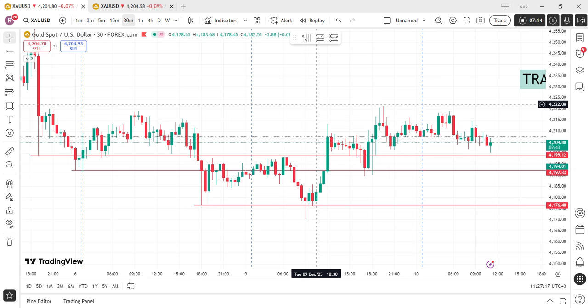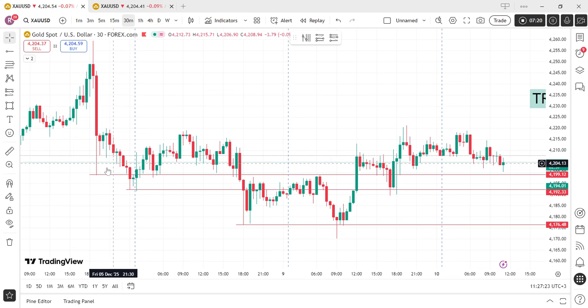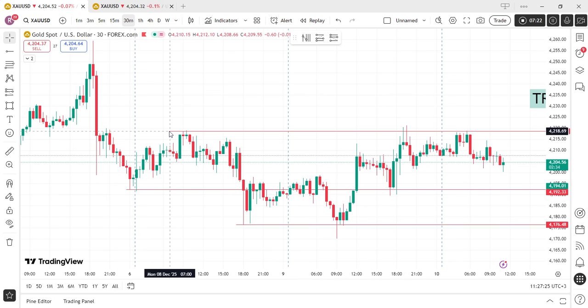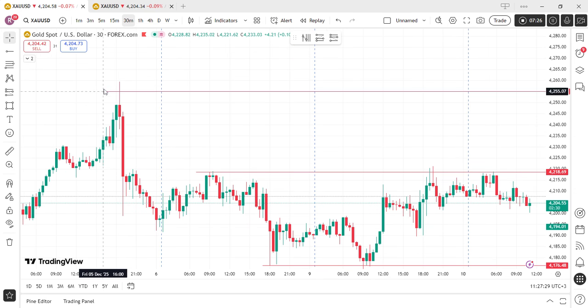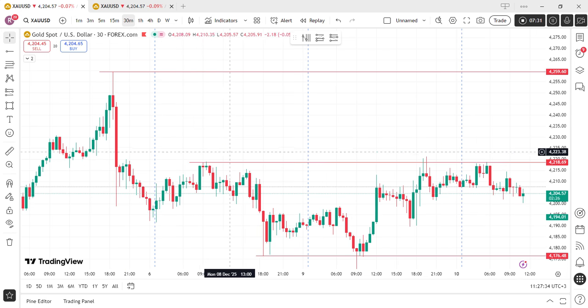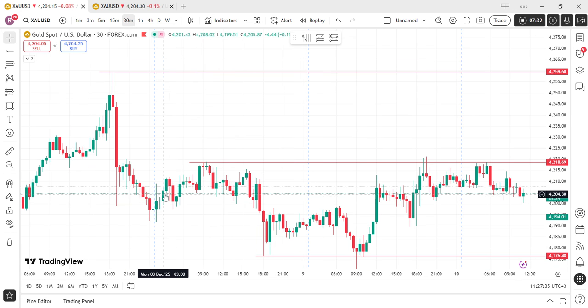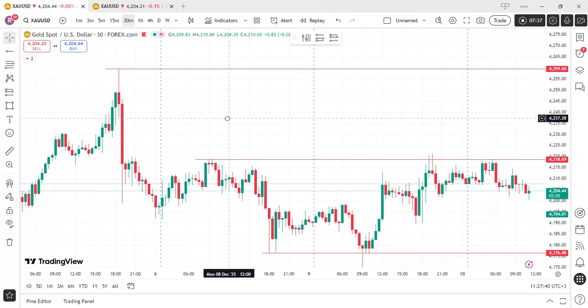On the other hand, you're also seeing that we're having lower highs. So, for example, this one here will be a lower high, because it is a lower high compared to this one. It is the high of this specific structure or zone, and it is a high that is below another high.